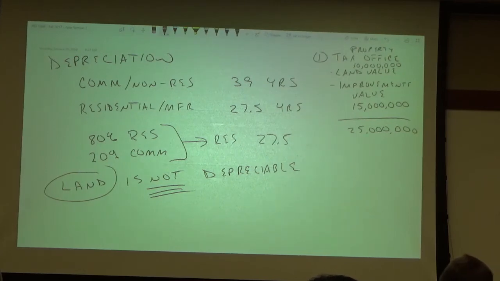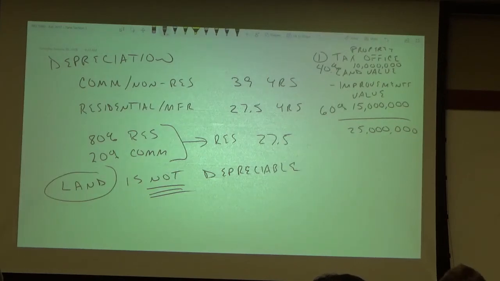So what you gotta do is you gotta say, okay, the tax office, 10 divided by 25, they're saying that 40% of the value of the property is land, the other 60% is improvements.